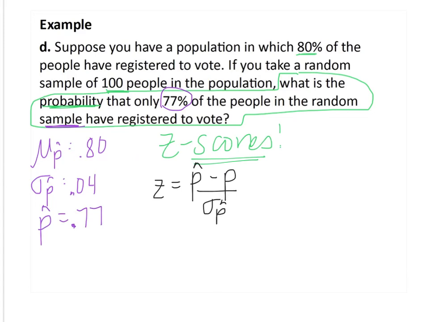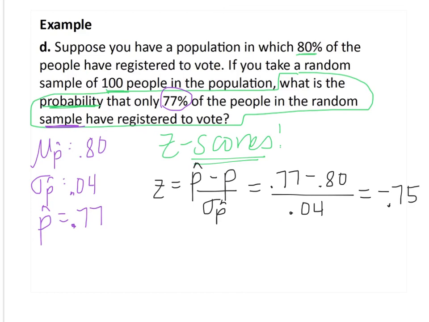So get this formula down. It's the same format as all the other z-scores we've taken. It's the sample of 0.77 minus the population of 0.80 divided by the standard deviation of the sampling distribution, which is 0.04. That gives me z equals negative 0.75.